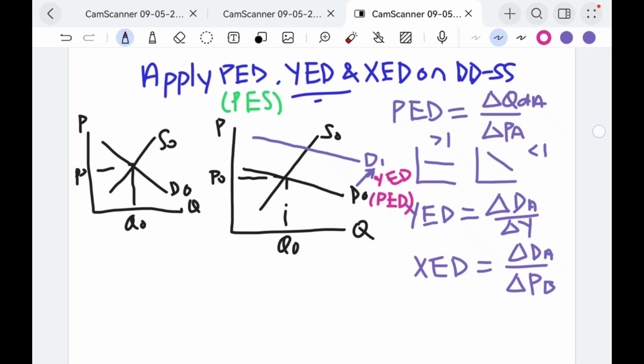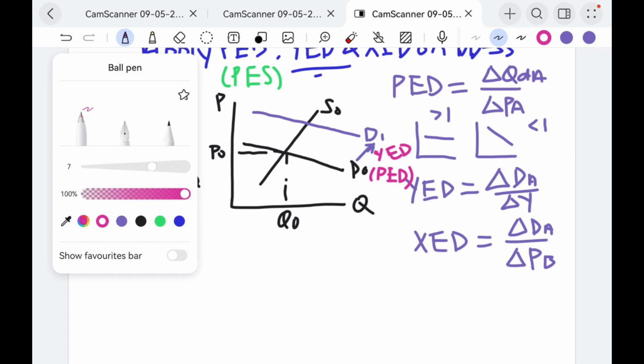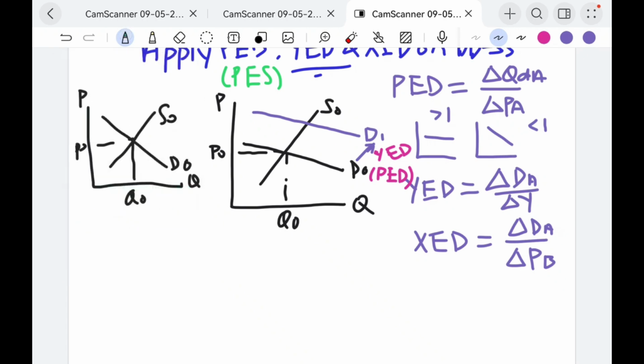So if we want to also talk about XED, then you only use it when the question has something about a good relating to this main good that you are looking at. Because it is always about how a related good's price change impacts your demand. If your own price changes, it is a movement along, so it is not applicable.